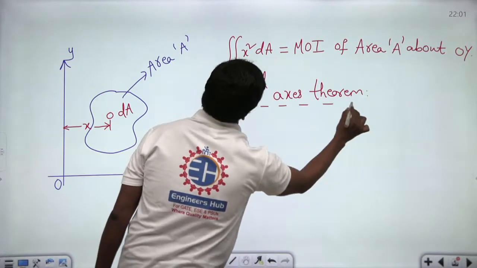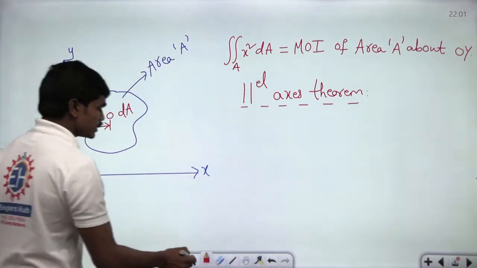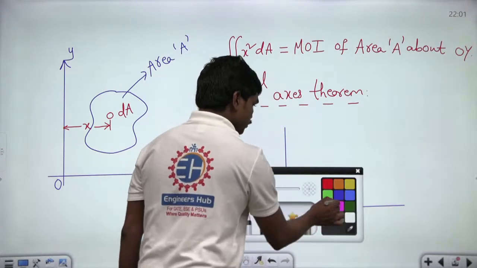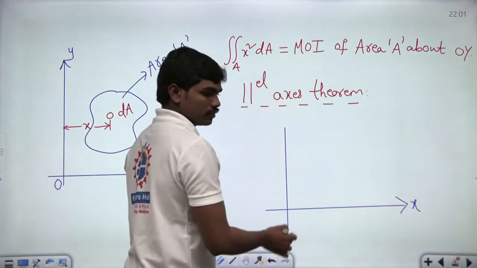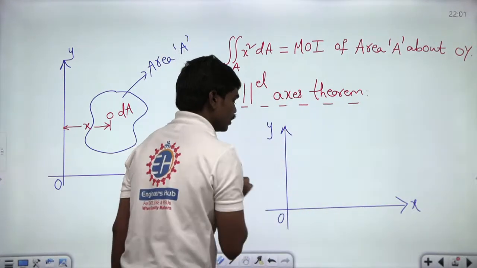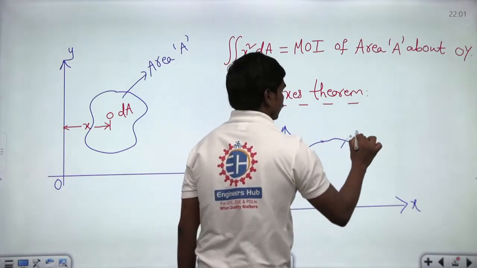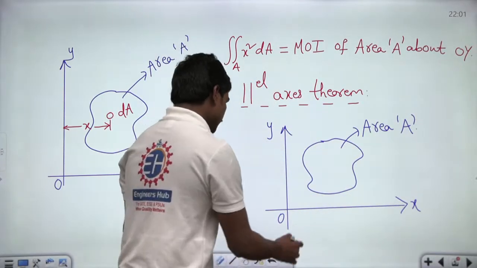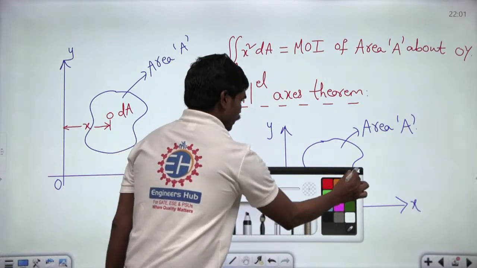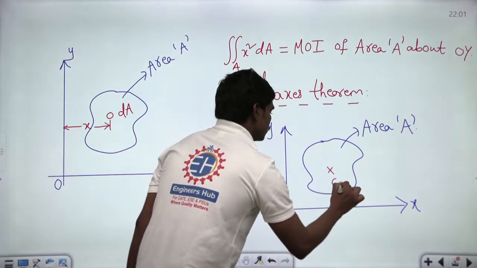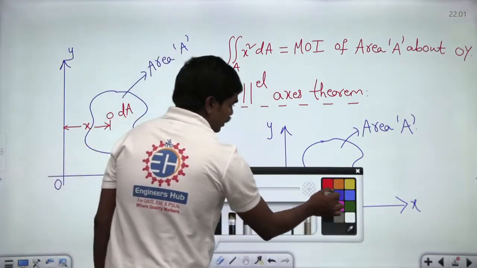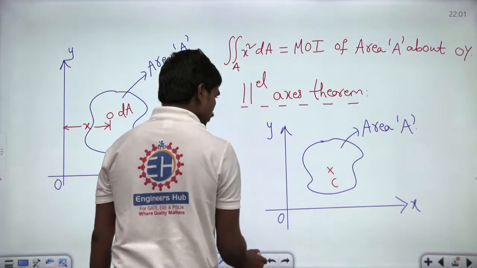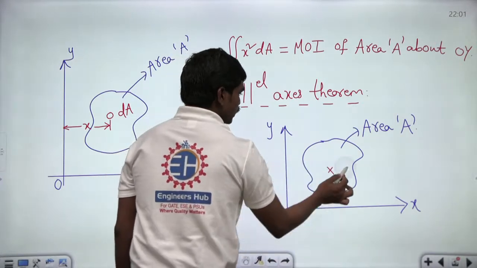Look, let us suppose you have a coordinate system, and if this is x, this is y, and this is 0, and you have some area of some finite space, area A. Now if this is your centroid C, then if you have an axis passing through this centroid, let me use a dotted line for this analysis.